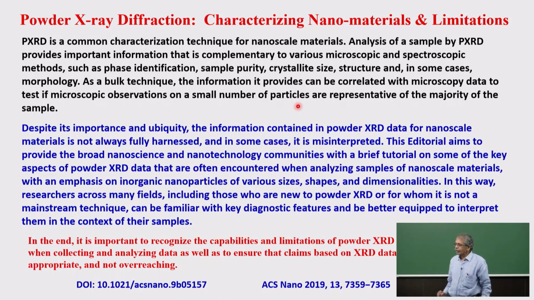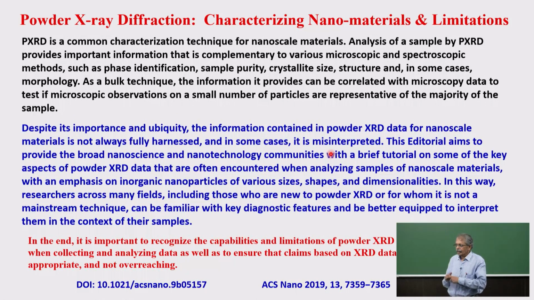But it is not that the information you get and the interpretations that you make need to be very much in line, because the major pitfall in a powder sample is that you have different particles. Each particle may have crystalline domains.